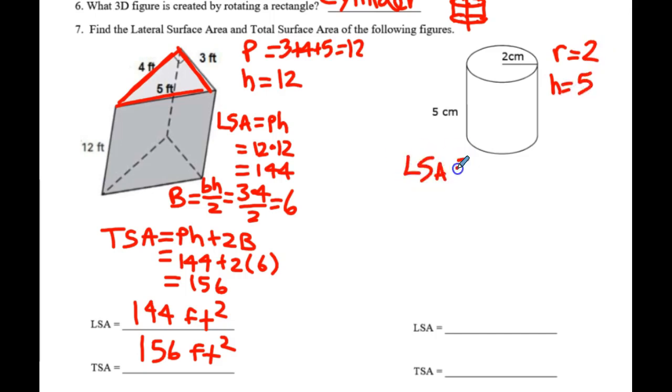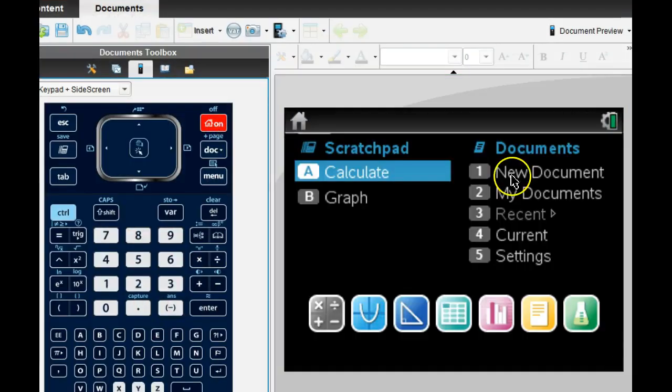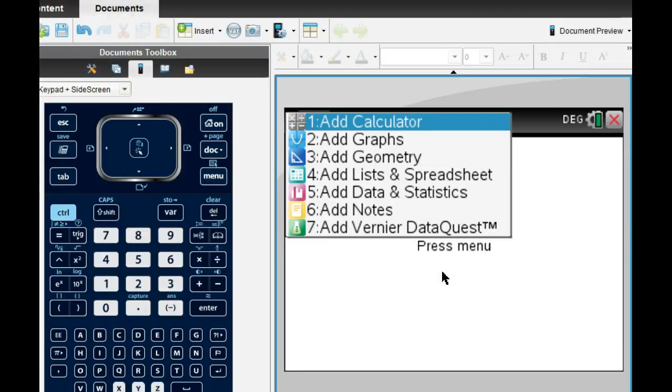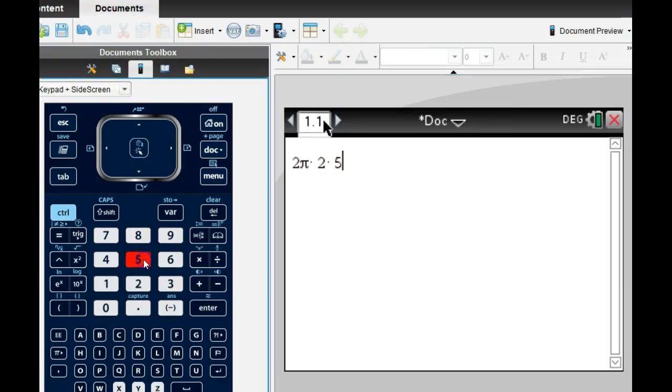LSA equals 2 pi RH. 2 times pi times 2 times 5. That's 62.83.